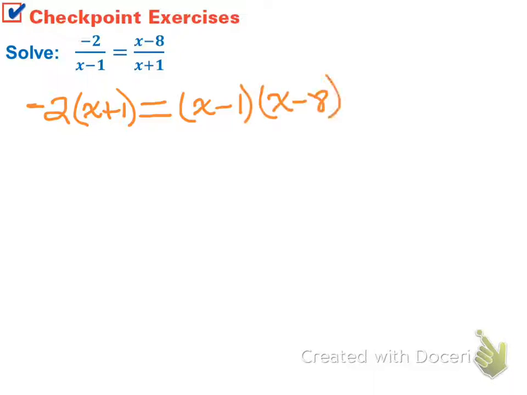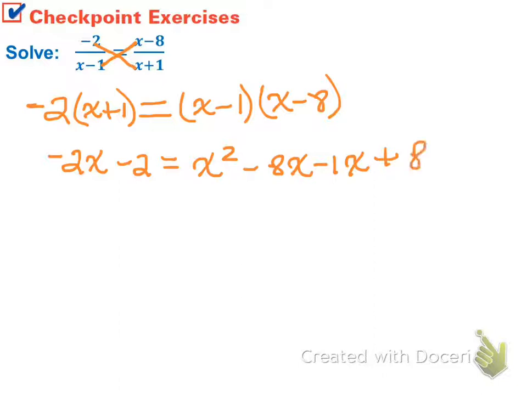And what we've done is we've multiplied our extremes, multiplied our means, and ended up with a new equation where all denominators have been eliminated. Okay, so now distribute. Negative 2x minus 2 will be equal to x squared minus 8x minus 1x plus 8.